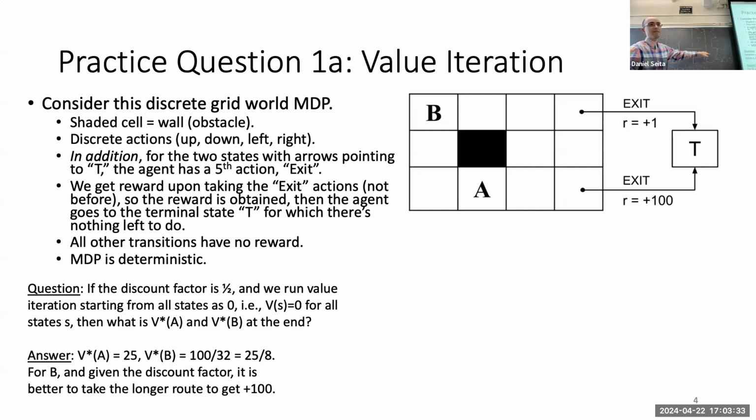This is gamma 5, and 1/2 to the 5th power, 2 to the 5th is 32. Like 2 to the 4th is 16, 2 to the 3rd is 8. And then it's 100 divided by 32. Whew. Any questions about that?